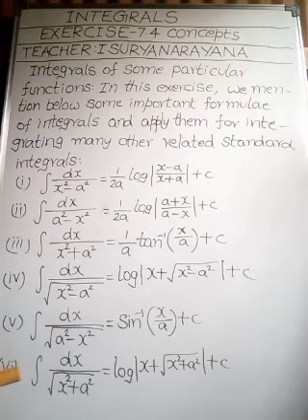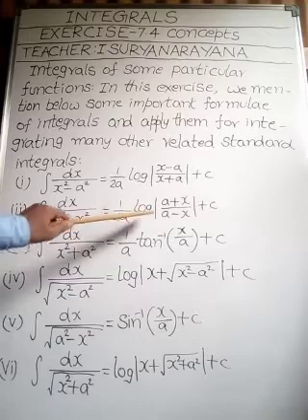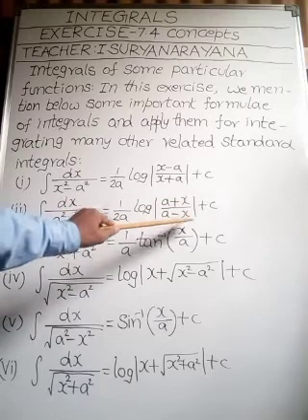In all these cases, we have to make the coefficient of x square as 1. If the coefficient of x square is not 1, we have to take it outside, taking the common factor. Now, the integral is 1 by 2a log mod a plus x by a minus x plus c.